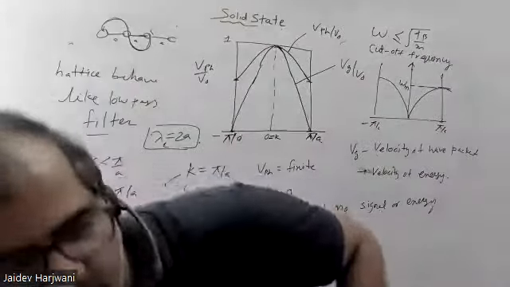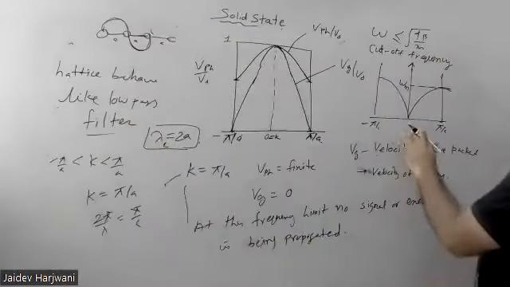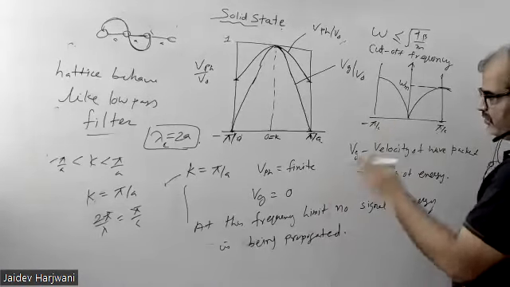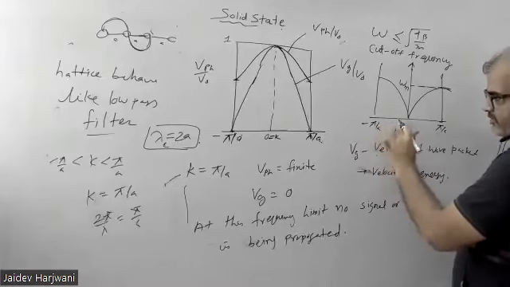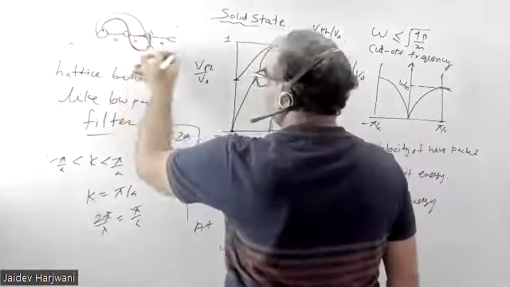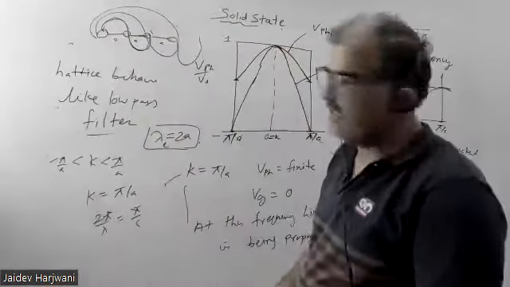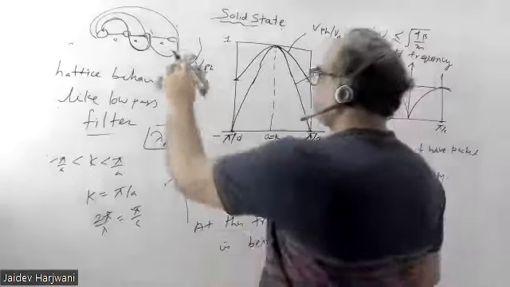Because you can create any wavelength: you're changing k, which means you're changing wavelength. If you increase k, you reduce the wavelength. Any wavelength bigger than this can propagate, but any wavelength smaller than this cannot propagate in your crystal.